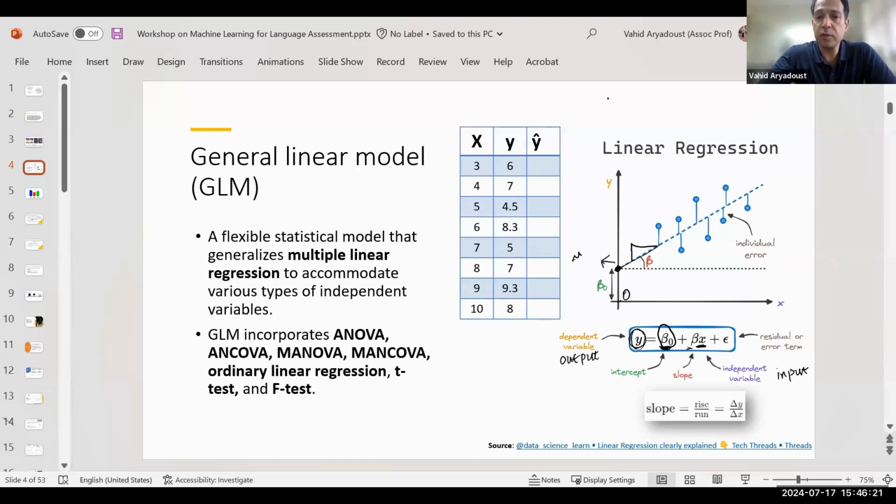The dots represent the amount of x and y in the table beside it. Now, the thing is, there is always a difference between each of these dots and the line. So the distance, for example, between the first dot and the line itself is this much, whereas the second one is this much, the third one is this much, and so on and so forth.